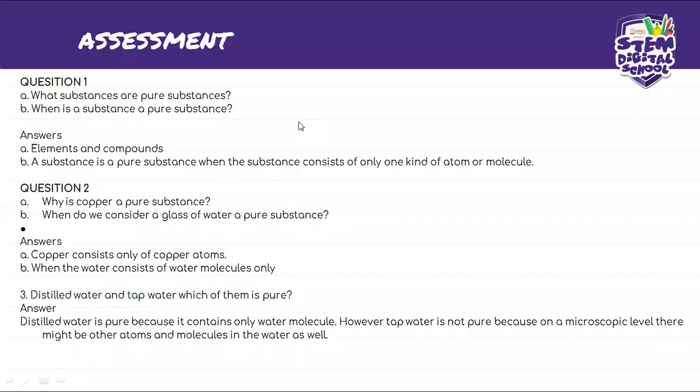Question one, you are listening. Differentiate between a pure substance and a compound. What is the difference between a pure substance and a compound? Write it down and give me your answers.